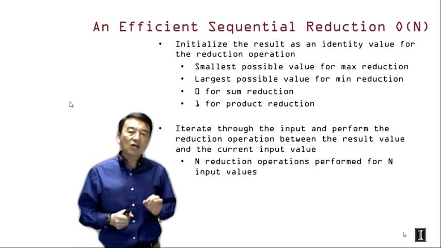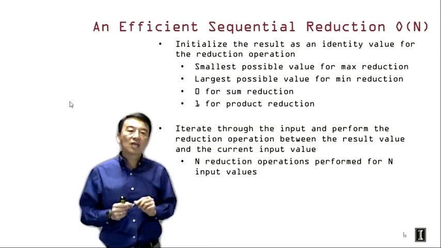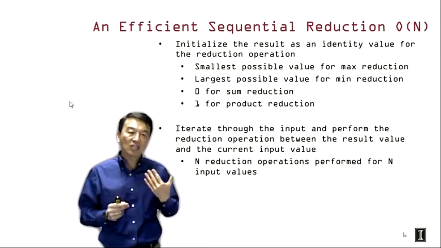So this is a very efficient sequential algorithm because we only need to process every data value once. So this is a linear algorithm. The computation time is proportional to the size of the data, and this is as efficient as it gets.